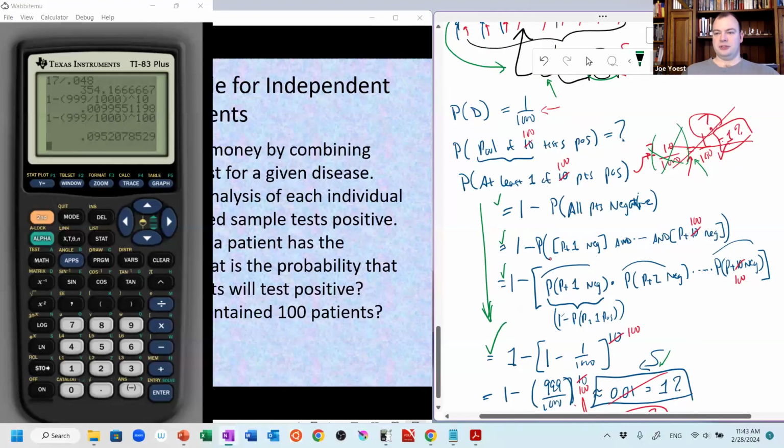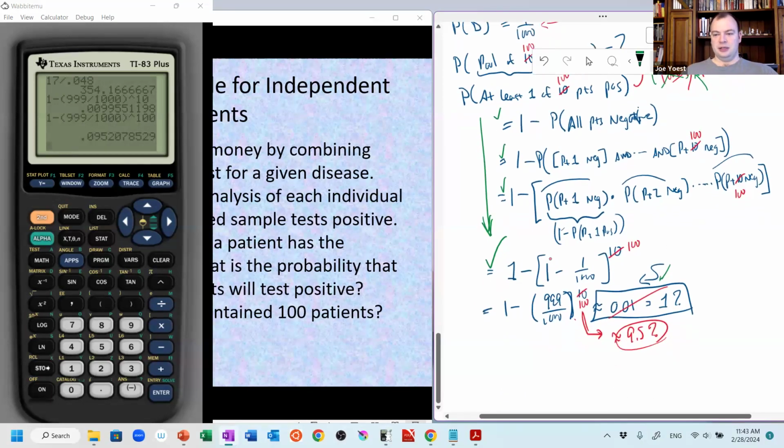Our naive method would have said 100 over 1,000, or 1 out of 10, or 10%, and we can see that 10% isn't as close to 9.5% as the previous naive approximation was.